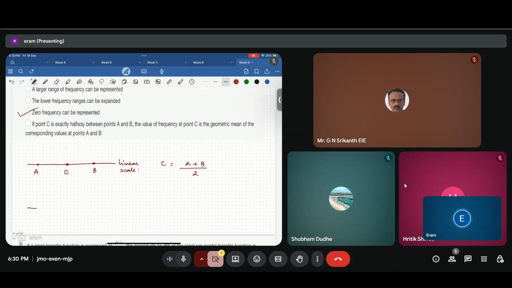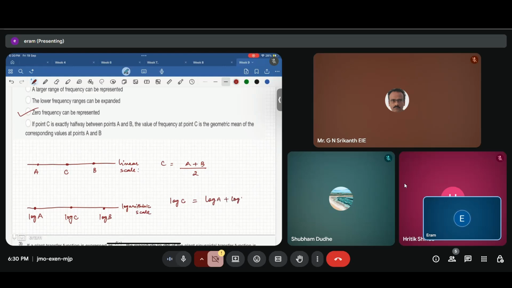Yes. Now, if you have the logarithmic scale, your points will be log of A, log of B, and log of C. It is given that it is in the middle, so log of C is log of A plus log of B by 2.